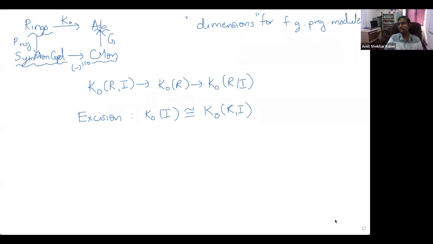All right. So there was one more presentation of K0 that we saw last time. This commutative monoid that we obtain, we can also think of as the similarity classes of idempotent matrices. Yeah, this we have seen last time.